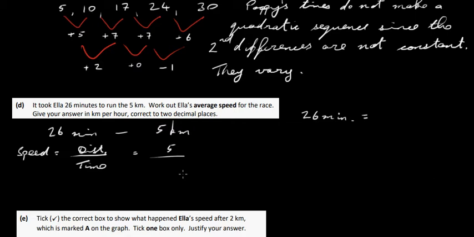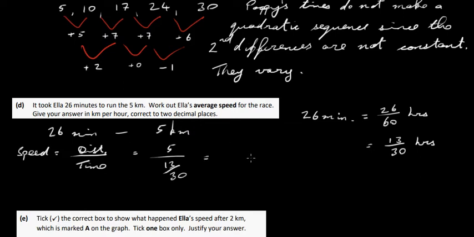How many hours is 26 minutes? Well, there are 60 minutes in an hour, so it's 26 over 60 hours, which is equal to 13 over 30 as the simplified fraction. So really the time is 13 over 30.